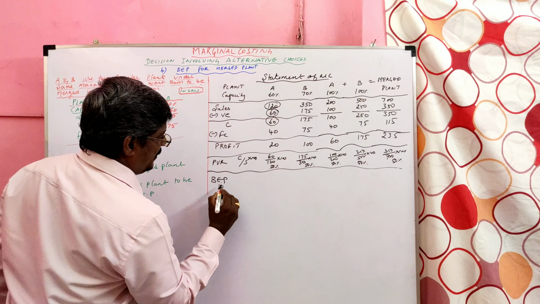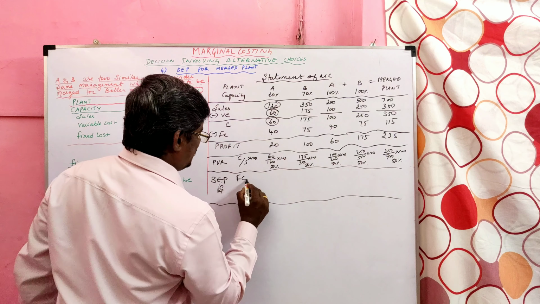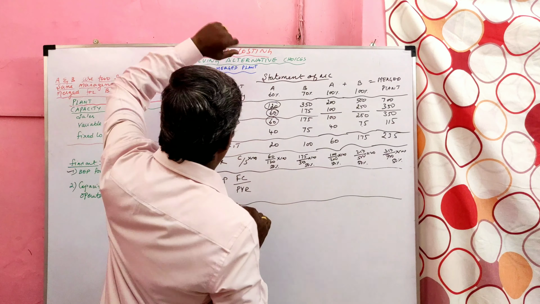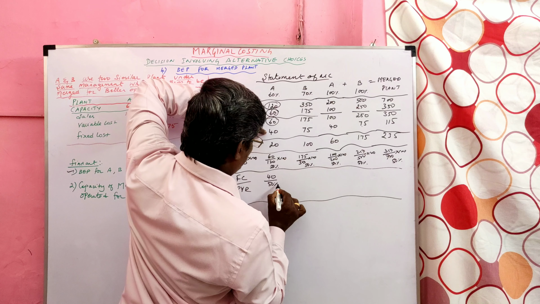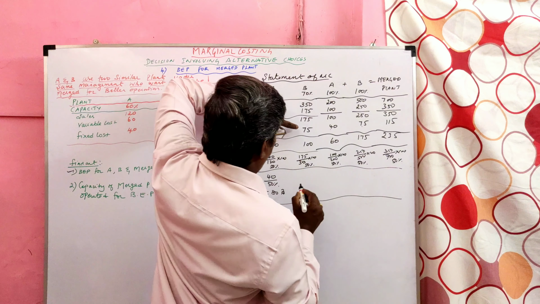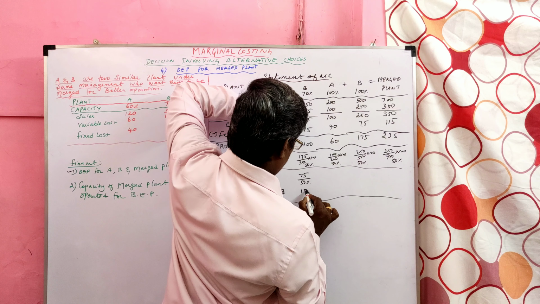Now we can find BEP in rupees. What is the formula? Fixed cost divided by PVR. Here fixed cost how much? 40. Our PVR 50%. So 80. Here fixed cost 75, PVR 50%, so 150 rupees.